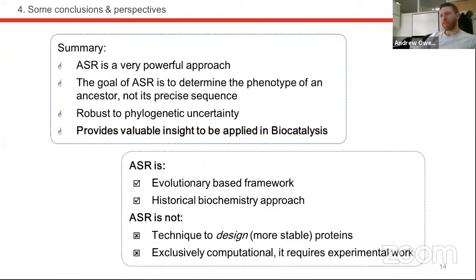Yep. Another one from Sumitra. Are ancestral proteins necessarily more stable than their recent analogs? Why is this the case? No, I would say no in general. People often tend to think that ancestors are more thermostable because sometimes we recover more thermostable ancestors from ASR experiments. But that has also been proposed to be because of a bias towards the most represented residues over your phylogeny.